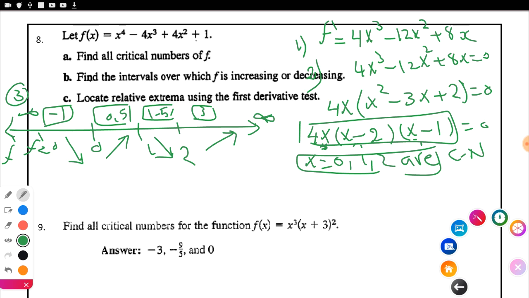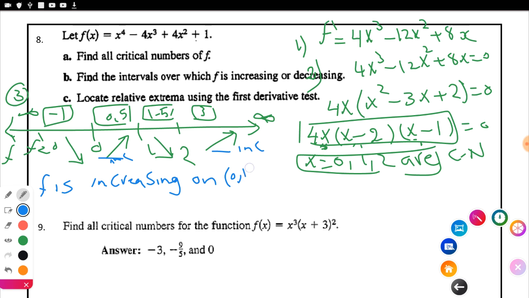Okay, here f is increasing. On which interval? Increasing here and here. Which interval?